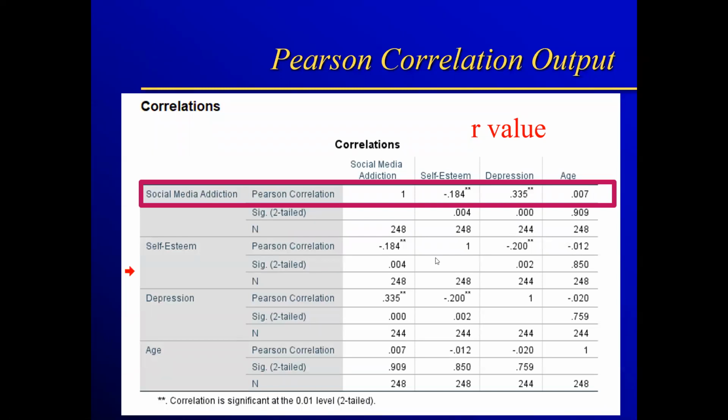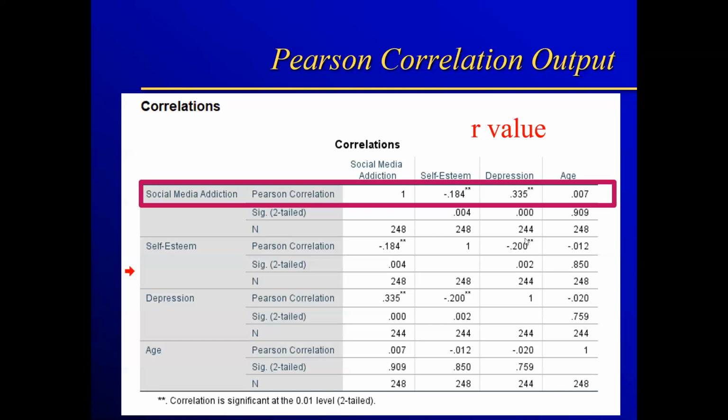Perfect. Yeah, good. So the N just tells you, we have an N of 248 for social media and self-esteem. It means that the SPSS logic is we had 248 people fill out both the social media addiction and the self-esteem scale. Here that number is smaller, so it probably means that 4 people either didn't do the depression scale, or were missing a couple of questions from it, so we couldn't calculate a full value.